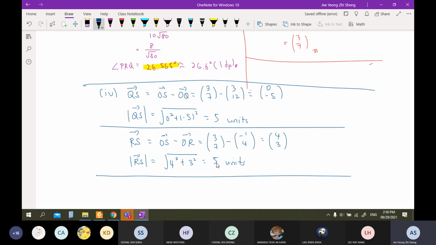For part 4, could we just use the midpoint formula? How do you use the midpoint formula to get the length?